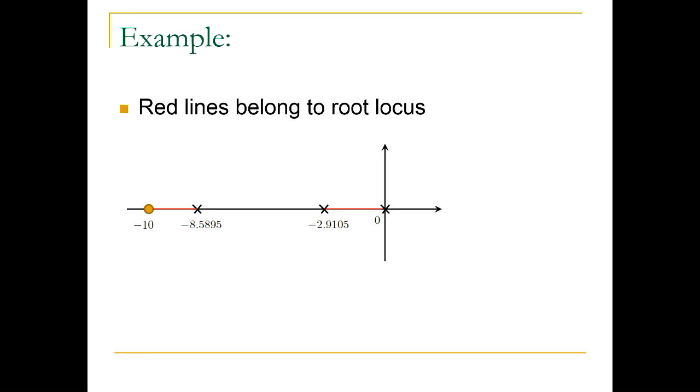So, what is the general rule? How can you quickly figure out which part of the real line belongs to the root locus? Well, if you are to the left of an odd number of zeros plus poles, you are good. If you are to the left of an even number of zeros plus poles, then you are not okay. That's very, very easy.